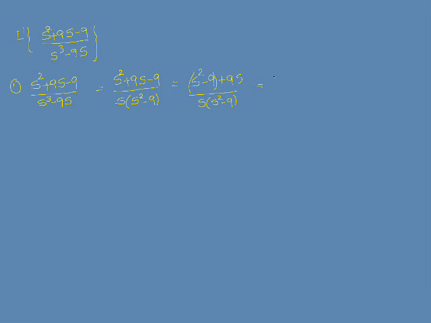Therefore we get 1 by s plus 9 by s square minus 9. Now you apply the inverse Laplace on both sides. L inverse of s square plus 9s minus 9 by s cube minus 9s is equal to L inverse of 1 by s plus 9 by s square minus 9. 9 you can write as 3 square.